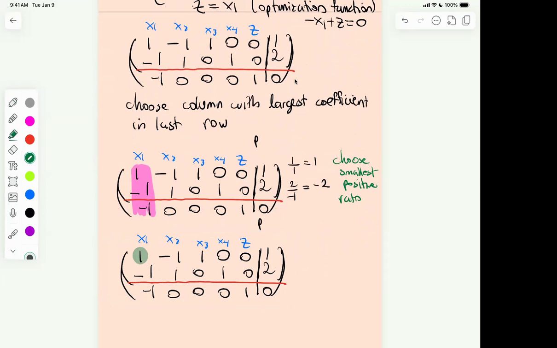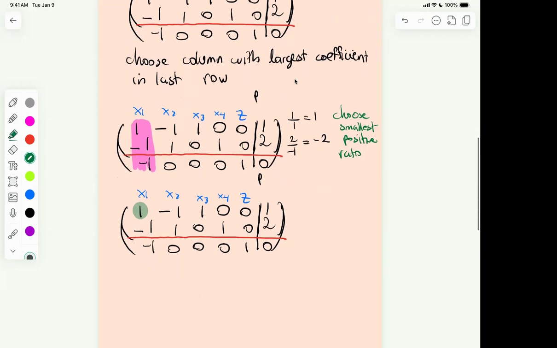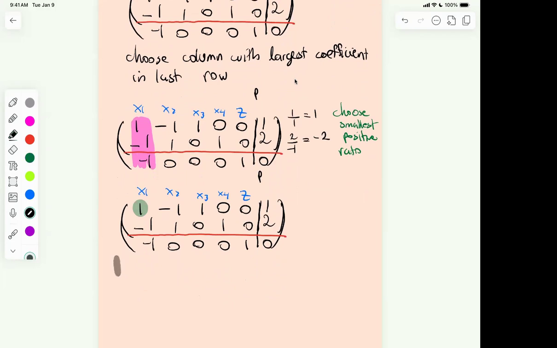So let me stop here to see if there are any questions. Once you have that, that's how you will always identify the entry in the matrix that you care about. And then what was the next step? You make zeros everywhere else in that column. So every other entry in that column has to be turned into zero.